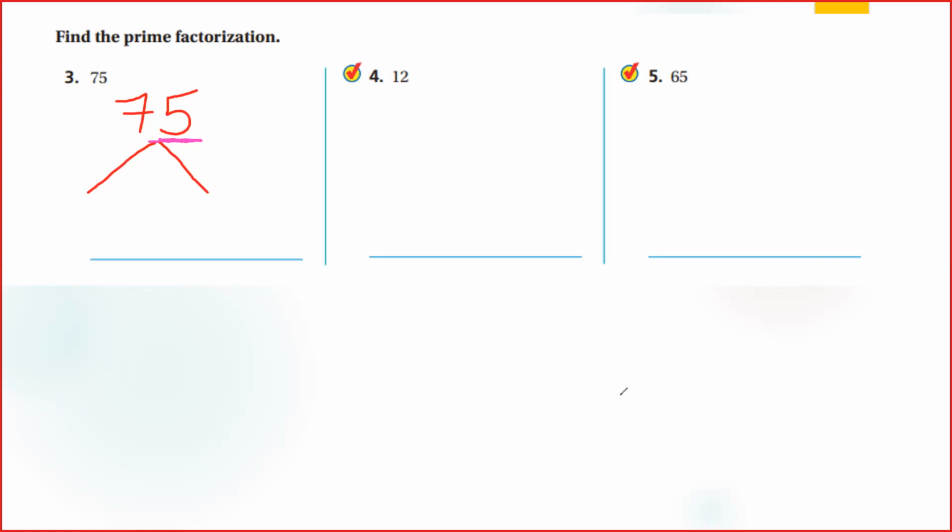Now, as you know, if there's a number that starts with 5, it can be divided by what? If you remember the divisibility rule. What is happening? Wait a second.